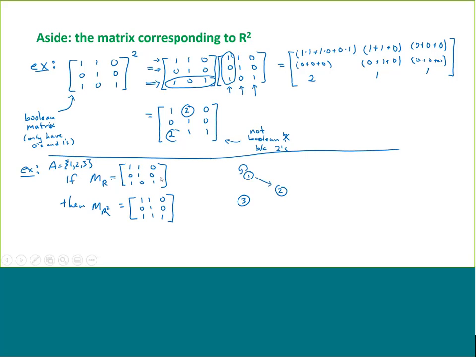So second row says you're going to start at vertex 2. This little 1 says we're going to go from 2 to 2. I'm counting rows and columns here to get those numbers. And last row, third row, first column says start at 3, go to 1. And the last one says third row, third column, start at 3, end at 3.